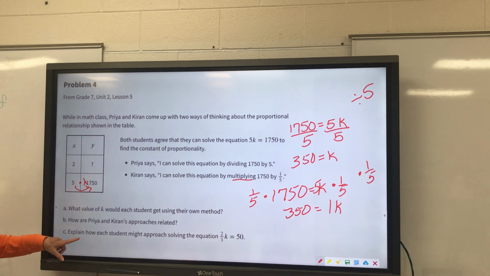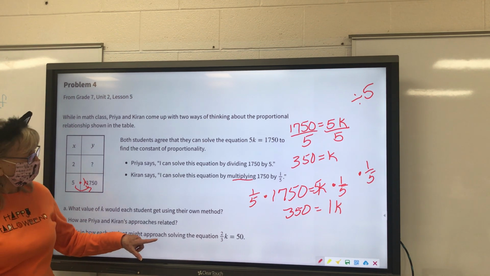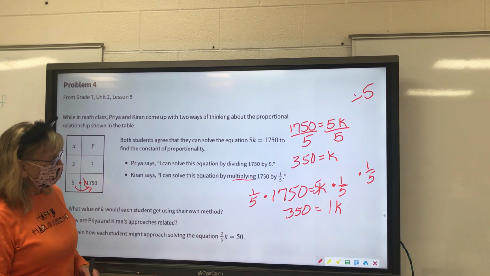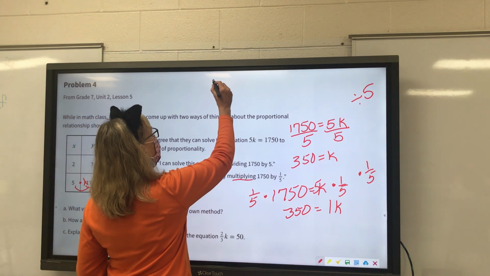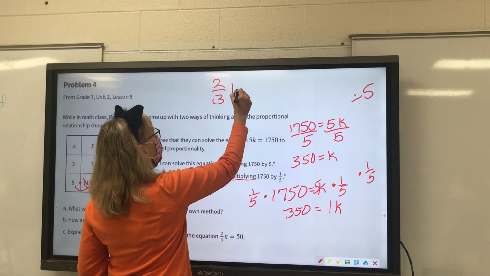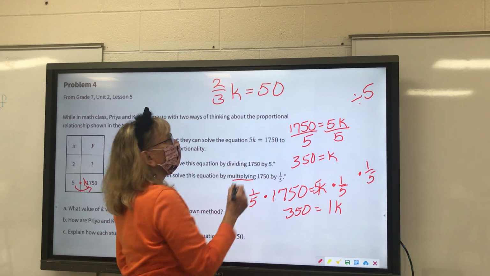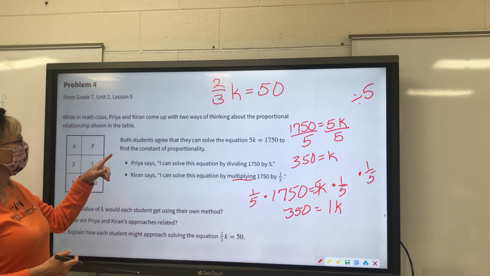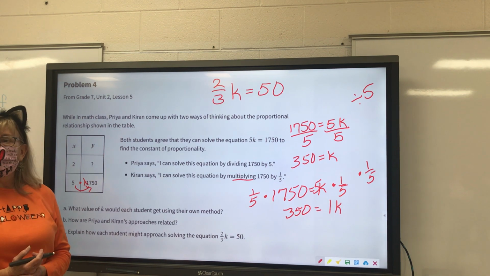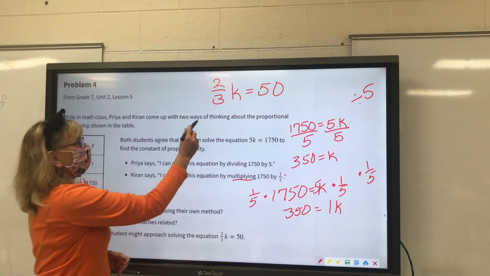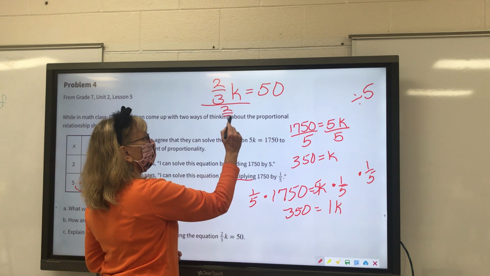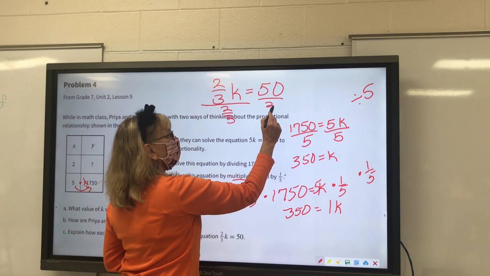Very good. Explain how each student might approach solving the equation 2/3 k equals 50. How do you think they would solve that? What is Priya going to do? She's going to divide both sides by 2/3.